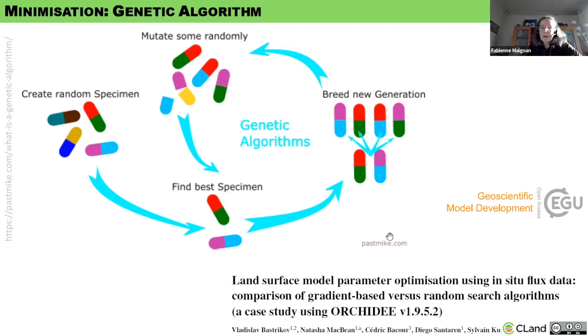So this was mainly developed by Vladislav Bastrikov within this Orchidas data tools, and there is a paper where we compare these two approaches, gradient descent method and genetic algorithm.